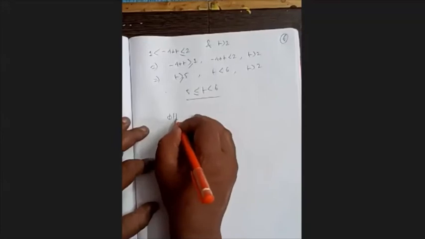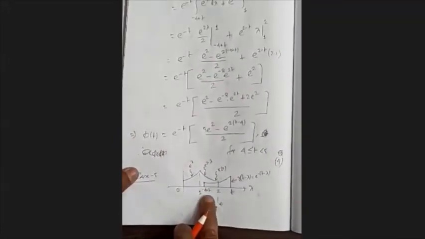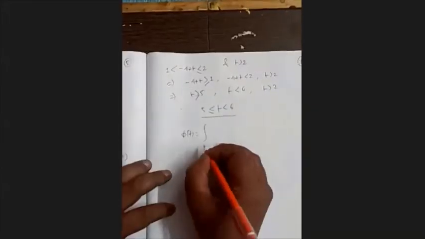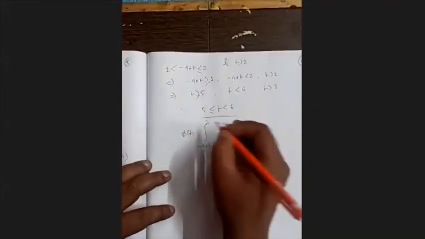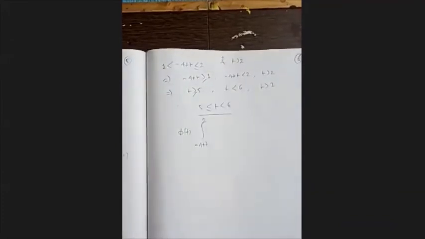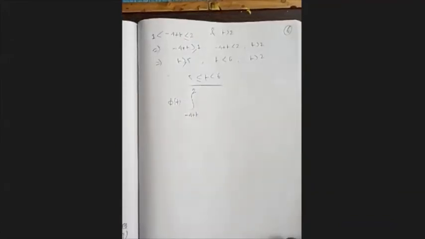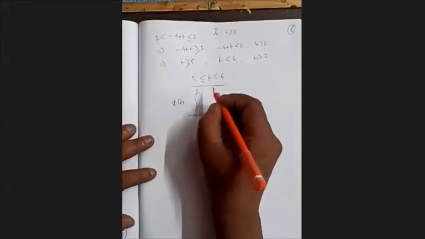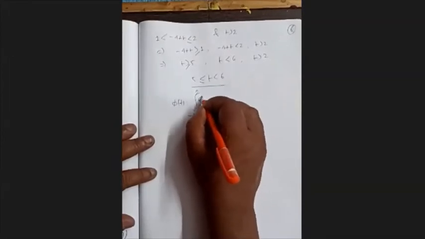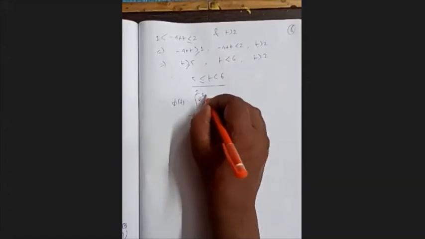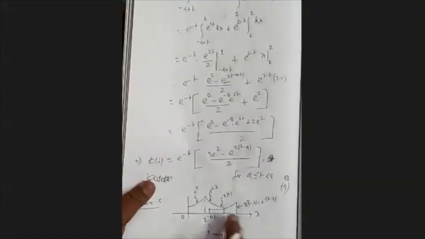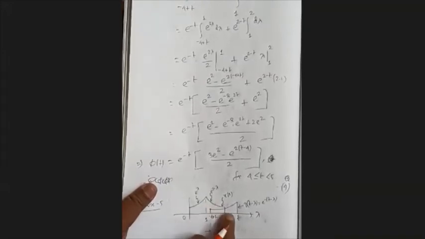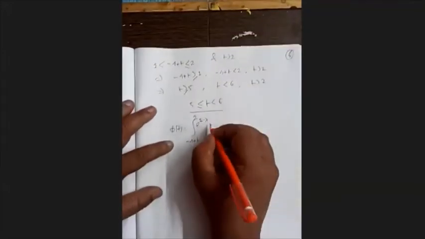So our phi t is, note that here overlapping is in between minus 4 plus t to 2. Where our x is e to the power 2 minus lambda, first function into g's as usual.